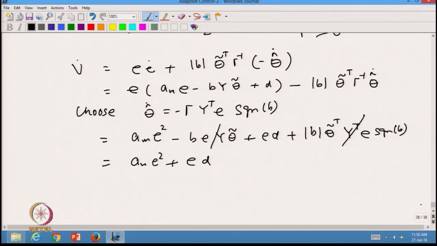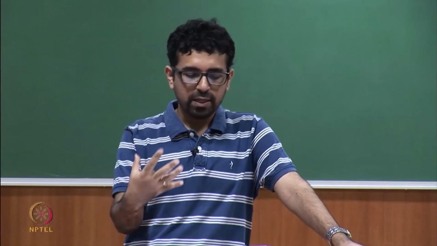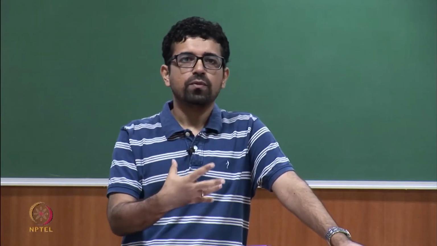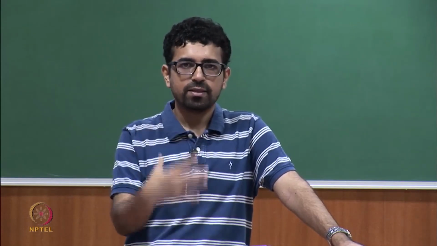And here, if you remember, what we did was we were able to show that if it was very similar to the dead zone case, where we were able to show that if the tracking error is larger than some threshold, then V dot will be less than equal to 0, which means that the tracking error and the parameter estimation errors are bounded.